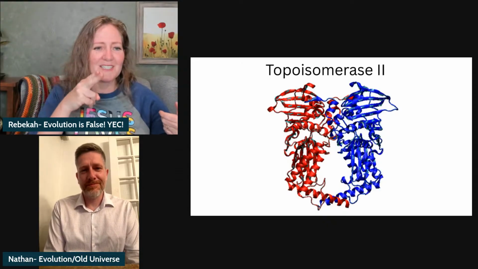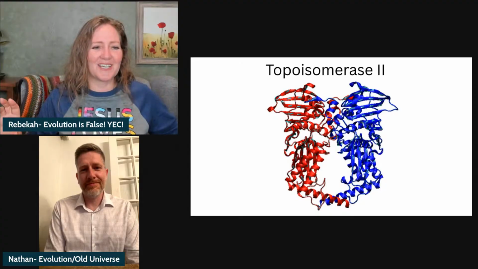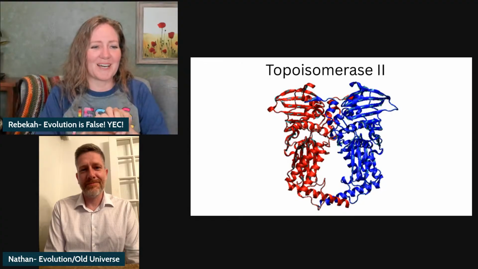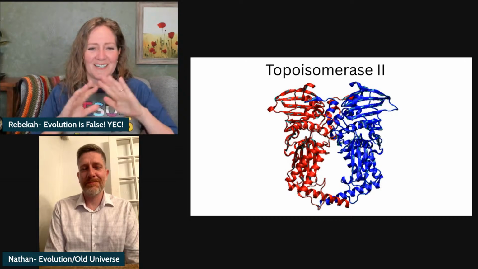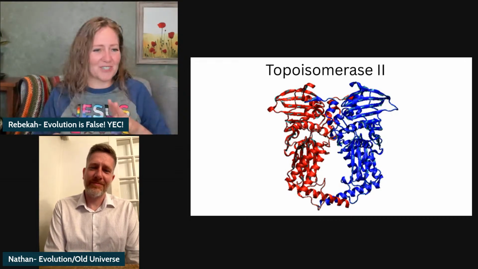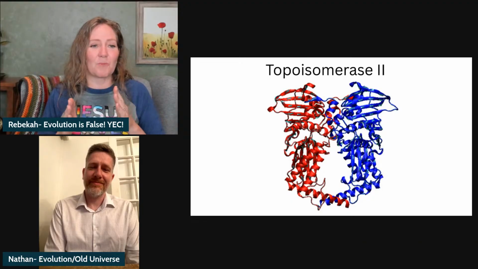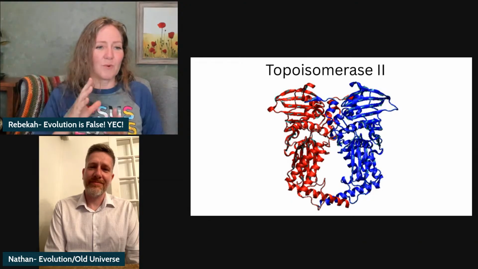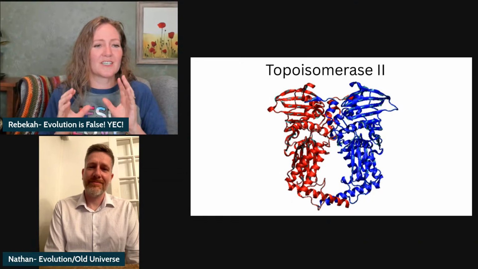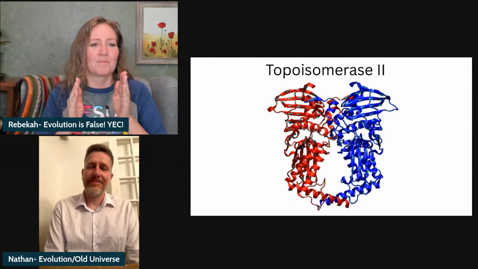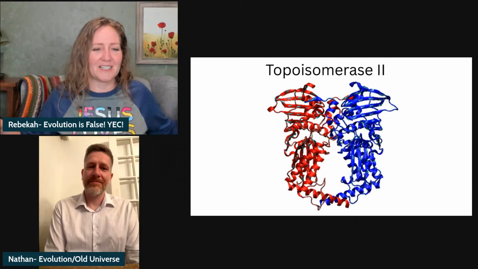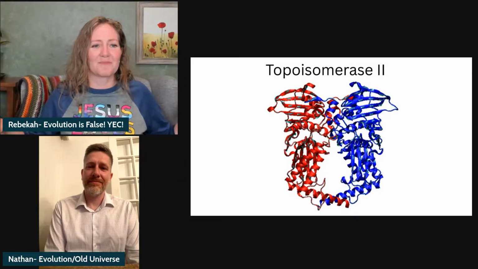It snips the DNA, untwists it, and then splices it back together. Now, if that doesn't happen, the cell cannot transcribe, it cannot do its function. This is death. And in fact, topoisomerase is one of the things that our cancer drugs target, because if they can kill the topoisomerase, the cells die.